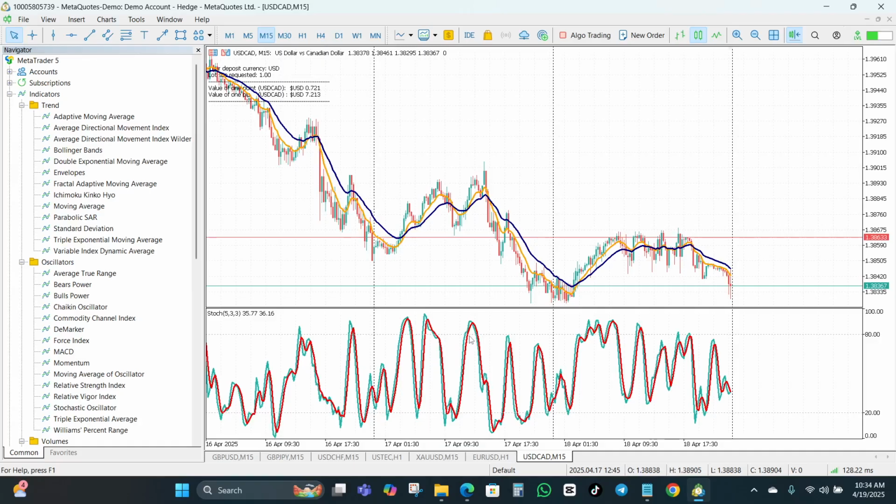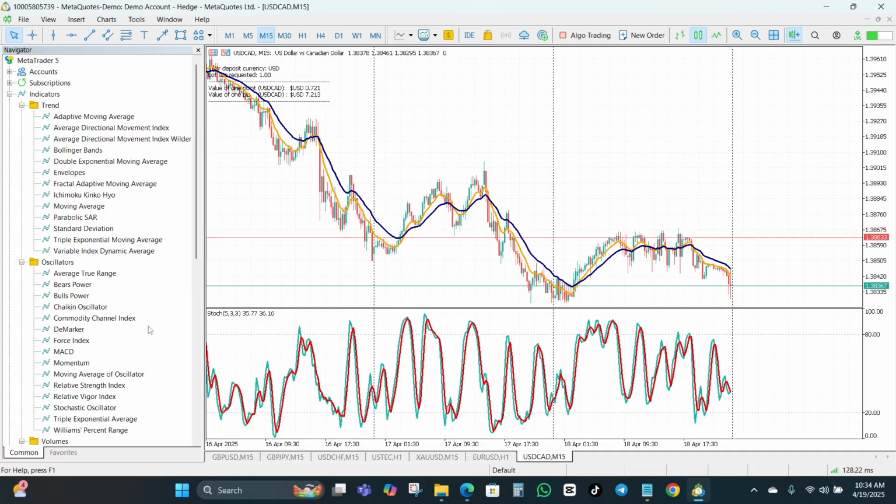When the stochastic crosses below 20 and starts to curl up, you have a potential buy. Now, when it is over 80 and curling down, it's a possible short opportunity. It reacts quickly to small price moves, making it ideal for high frequency setups.